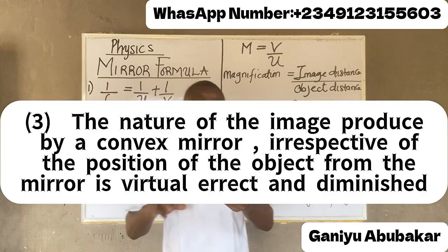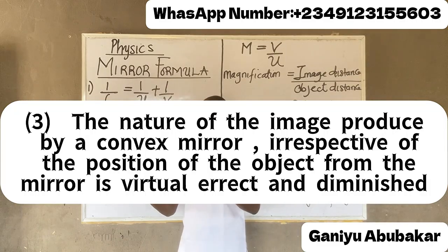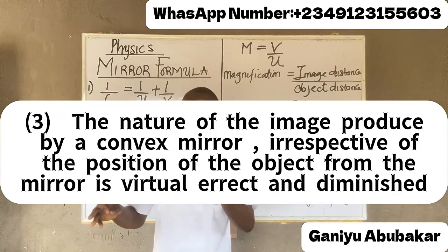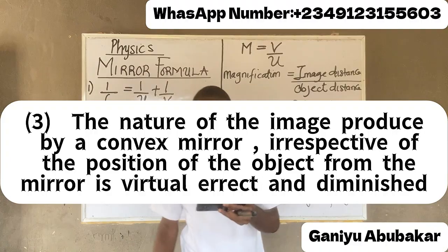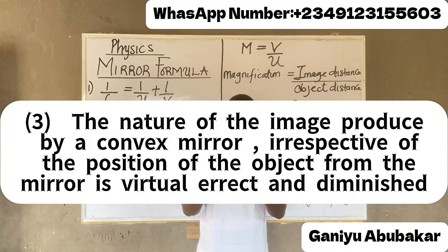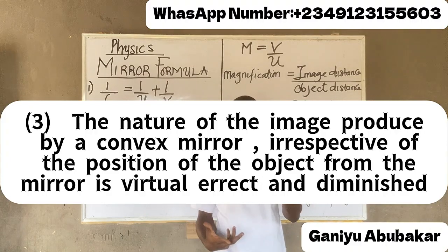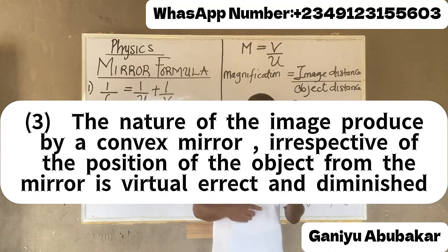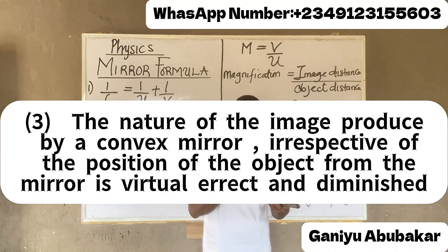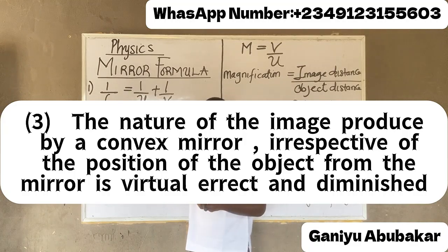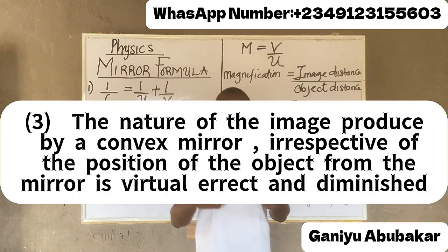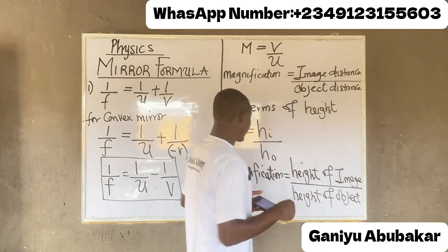So, the nature of the image produced by a convex mirror, irrespective of the position of the object from the mirror, is virtual, erect and diminished.